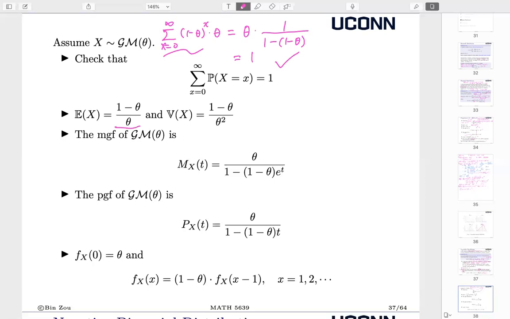In another scenario, let's say theta is 25%. Which means it's 3 times more likely to see a failure event than a success event. In this case, how many failures do you expect to see before you see the first success?